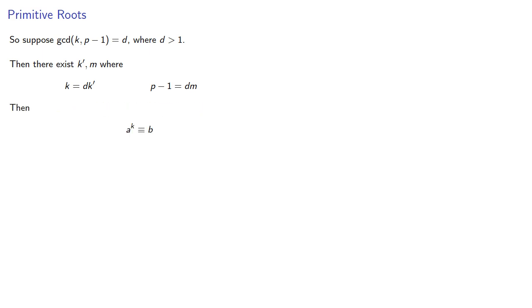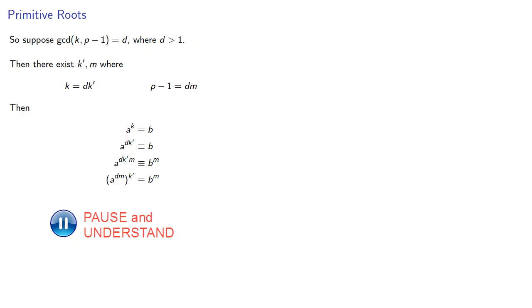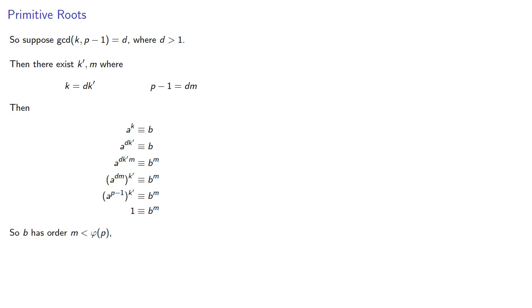Then we know that a to the power k is congruent to b, so that's a to the power d k prime. Raising both sides to the power m, and rearranging. Since dm is p minus 1, and since a to the power p minus 1 is always congruent to 1, we have b to the m congruent to 1, and so that tells us that b has order m, which is less than phi of p.